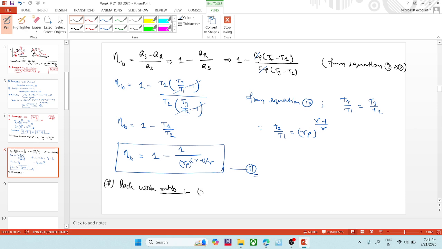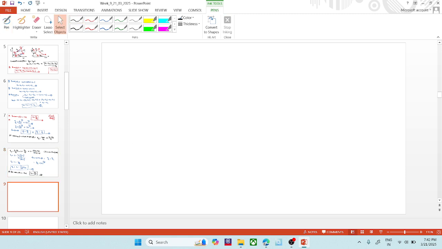We denote it by RBW, and it is defined as the ratio of compressor work to the turbine work. Equation number 12. Next parameter comes the work ratio.